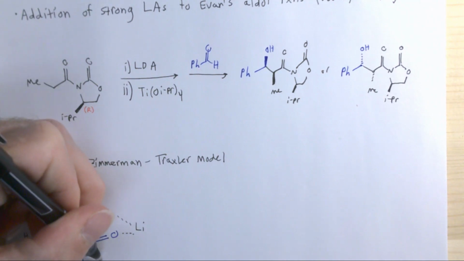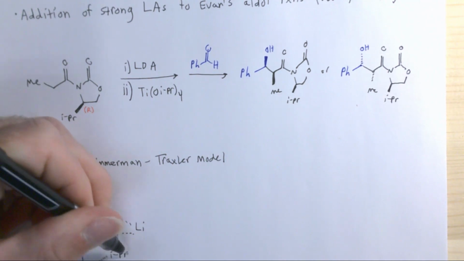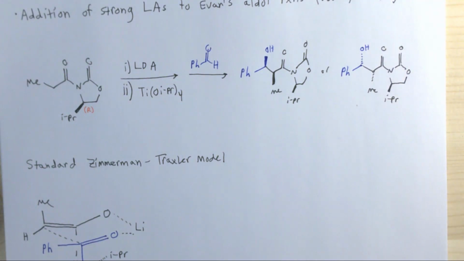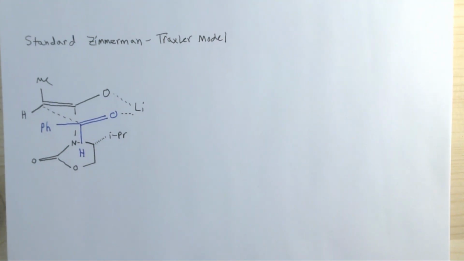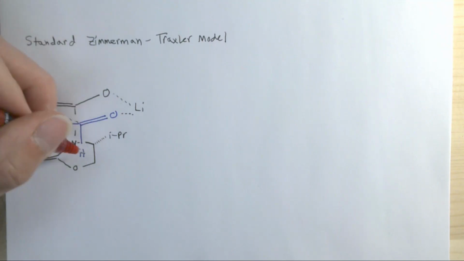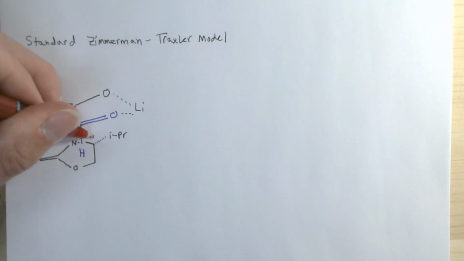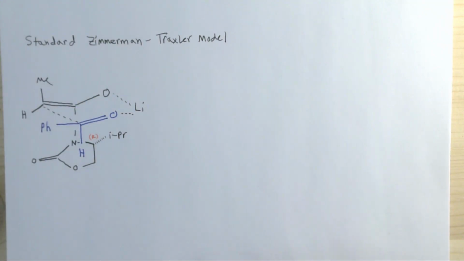So it's going to look like that. And this would be the correct drawing because the aldehyde is approaching on the face opposite where the bulky isopropyl group is coming from the chiral auxiliary. Okay, and I know that I'm using the R configured chiral auxiliary, and I can confirm that because I've still got R configuration here, so I haven't made any mistakes. Okay.